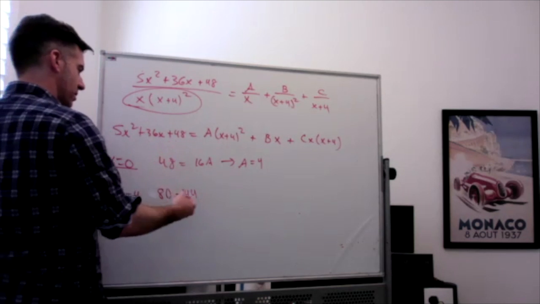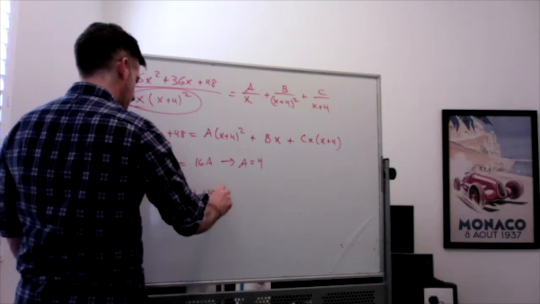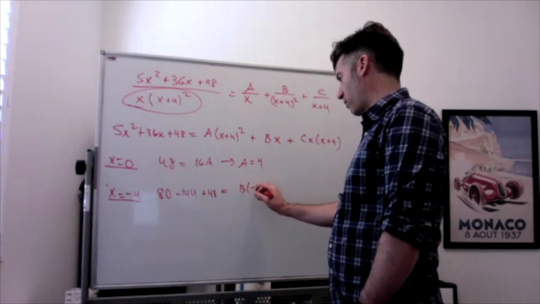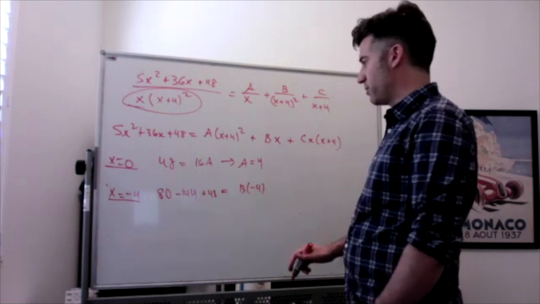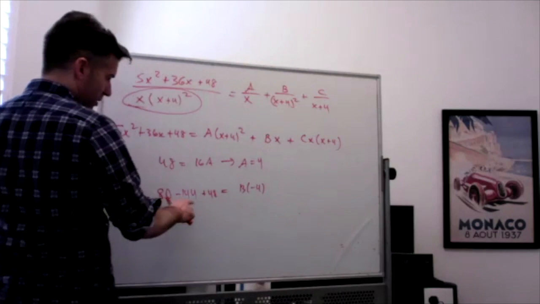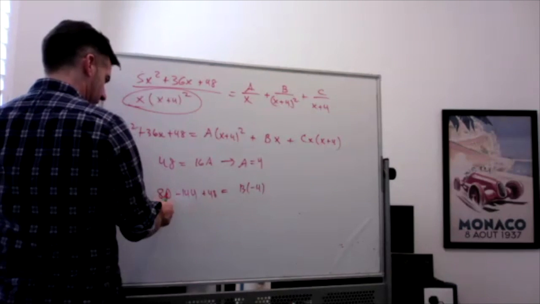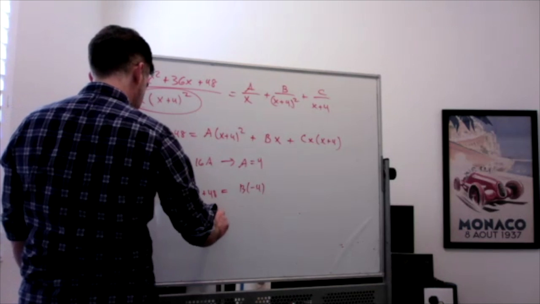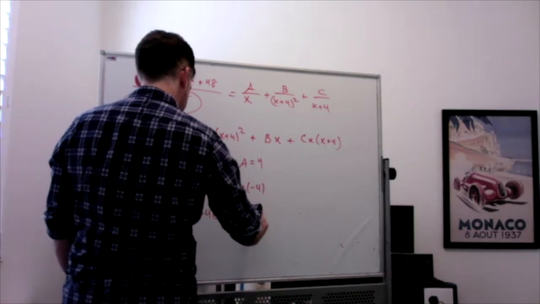And 48 is 48. It's going to equal a times 0 plus b times -4 plus c times 0. So that's going to be -96 plus 80, so that's -16 equals -4b. So b equals 4. How about that?